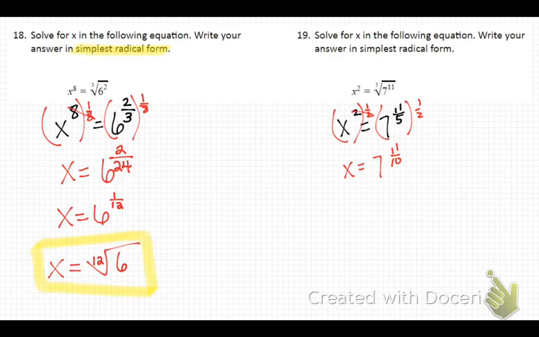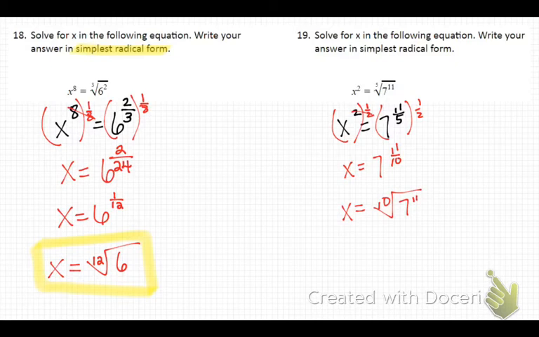And then you also wrote x equals the 10th root of 7 to the 11th power. Is that my final answer? No, good. I'm so glad. That is worth 4 out of 5 points on a quiz or a test. Why is that not the final answer? Good. Yes, it's not simplified.